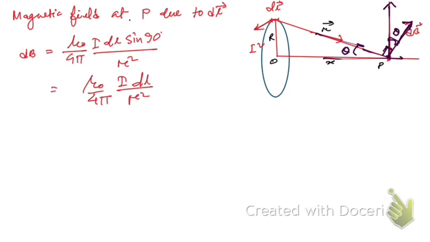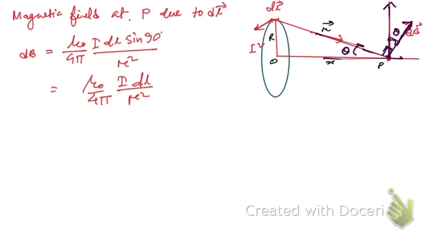Because if you have two lines with angle theta between them, and you draw a perpendicular to each line, then the angle between their perpendiculars must be the same as the angle between the two lines. Hope you have understood this.